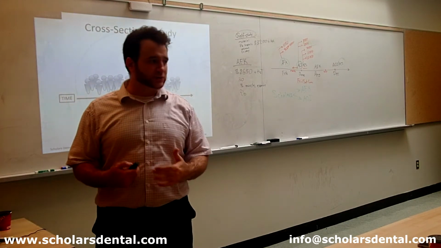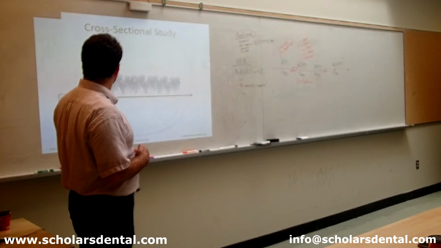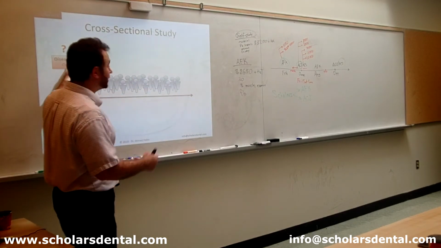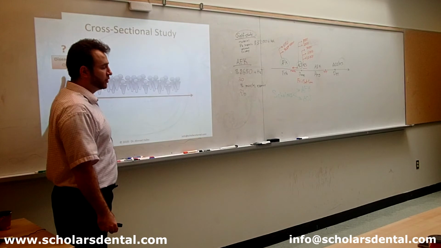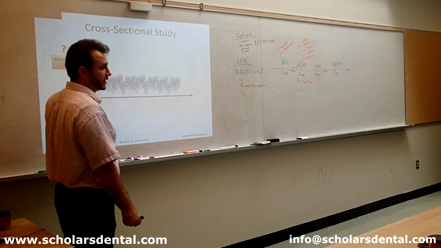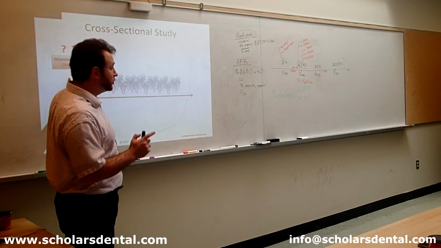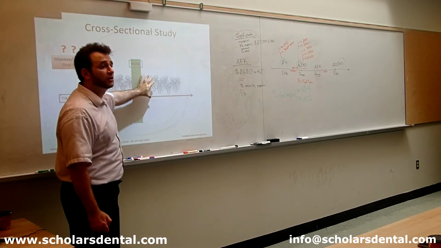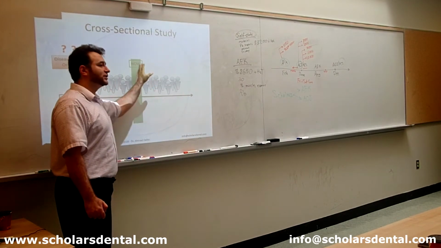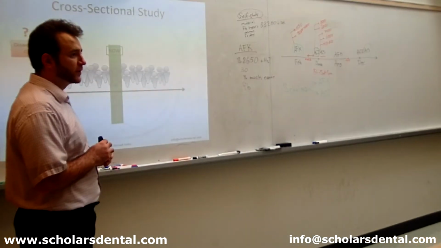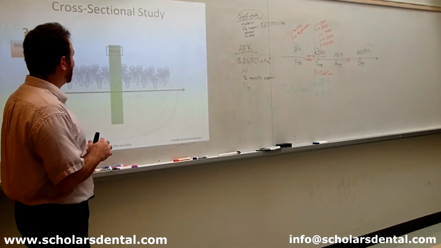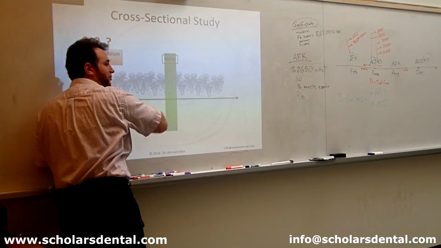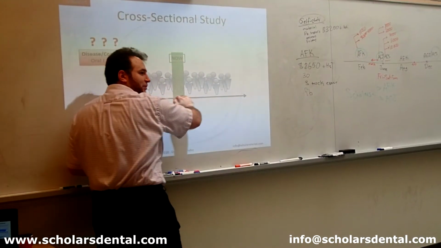A cross-sectional study will, first, we want one group. We're looking at one condition, for example, oral cancer. Let's study oral cancer. And what we're going to do is see how many people have oral cancer now, at one point in time. Okay? At one point in time. And that's where the name cross-sectional comes from, because you're cross-sectioning time. You're crossing the time.